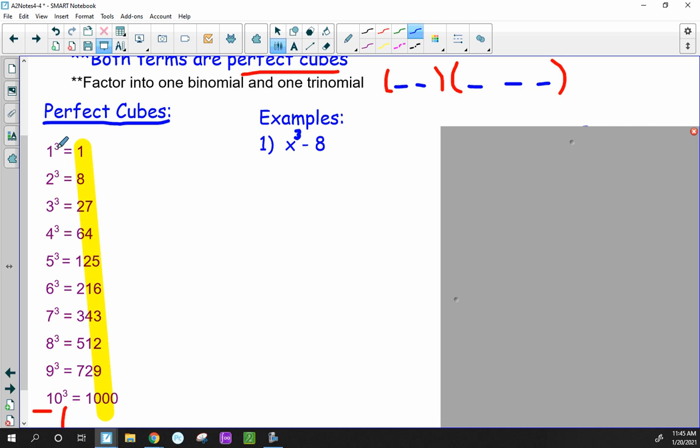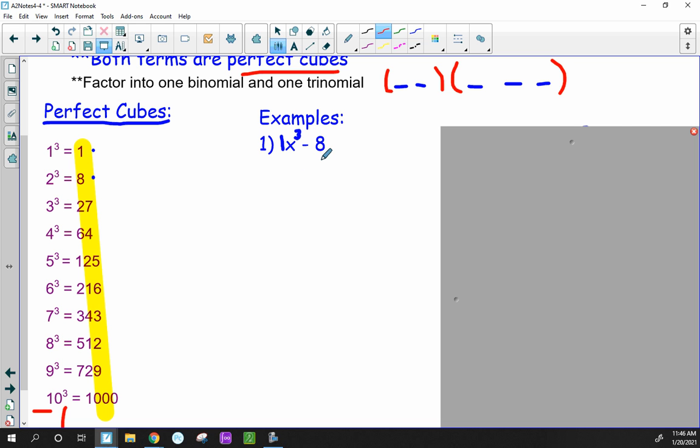Powers that you want to look for in this factoring method are 3, 6, 9, 12, multiples of 3. Notice that the numbers that you see are 1 and 8. 1 and 8 both show up in the perfect cube list. So because of all of those things, that's what makes this a DOC problem, difference of cubes.